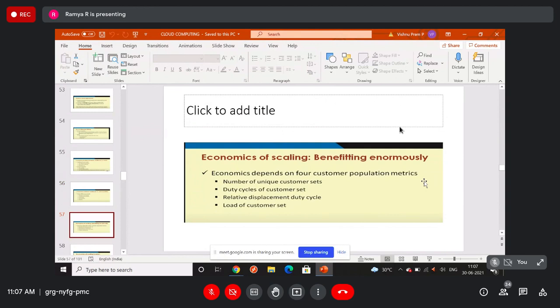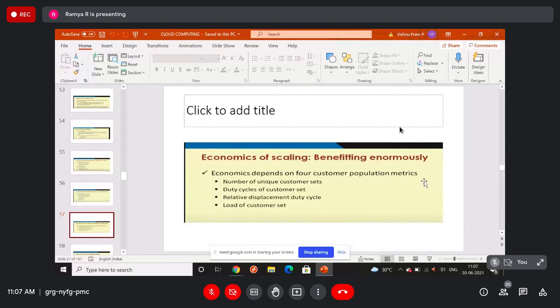Okay, so next, economics of scaling, benefiting enormously. Economics depends on four customer population metrics. We are going to see how much the scaling cost will be, by taking the number of unique customer sites, duty cycles of customer sites, and relative displacement duty cycle load of customer sites.